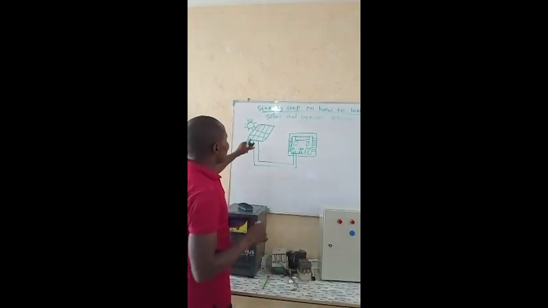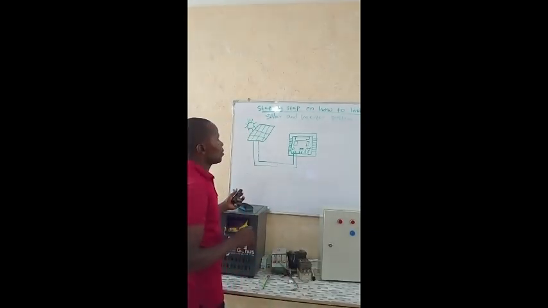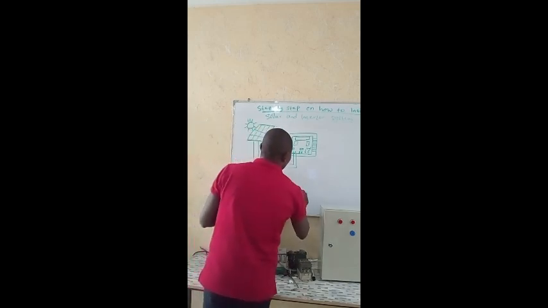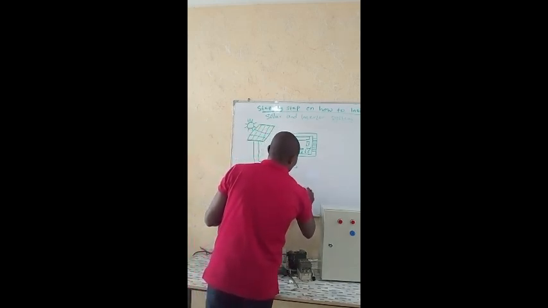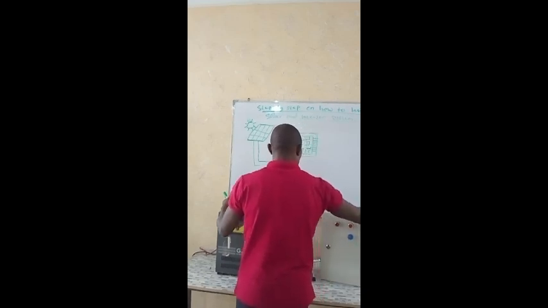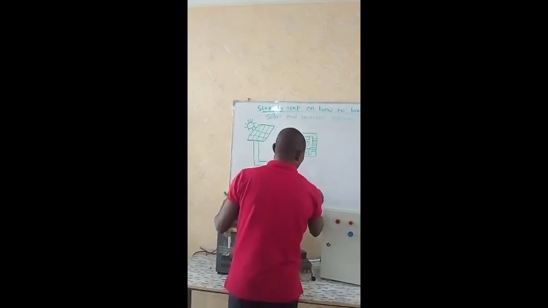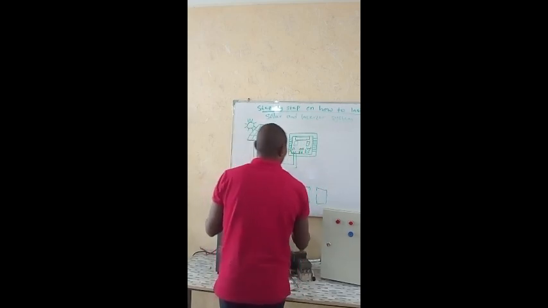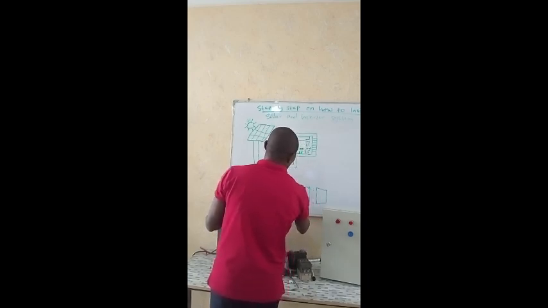Now, as it is connected like this, it is supplied to it. From there, we have the battery. We are using 2 batteries of 200 amps, 12 volts.